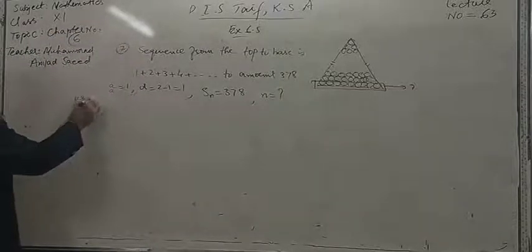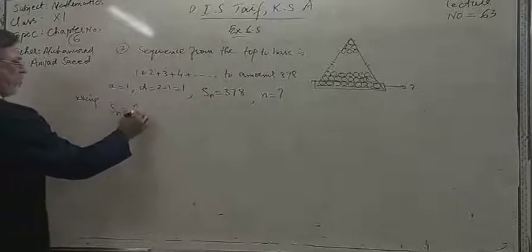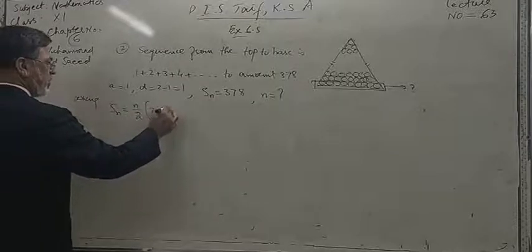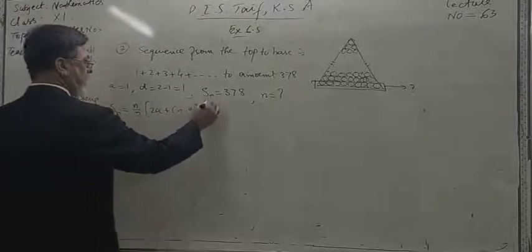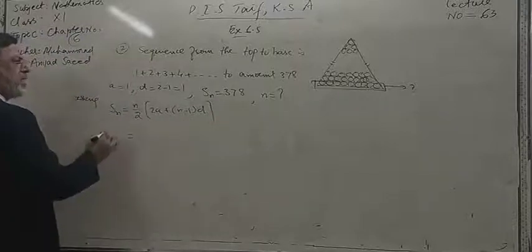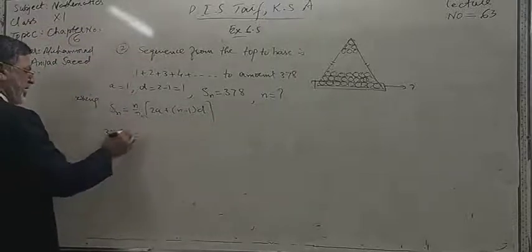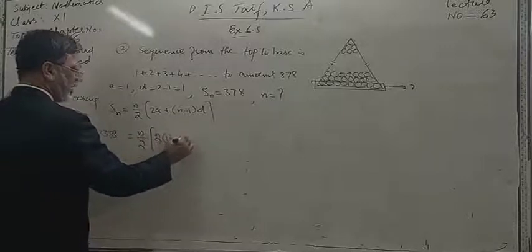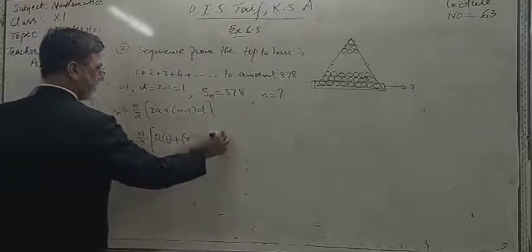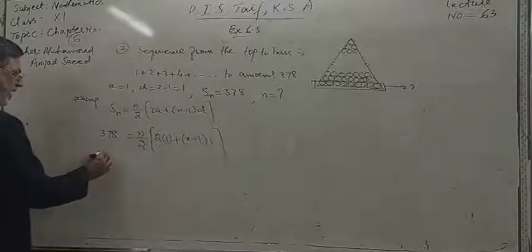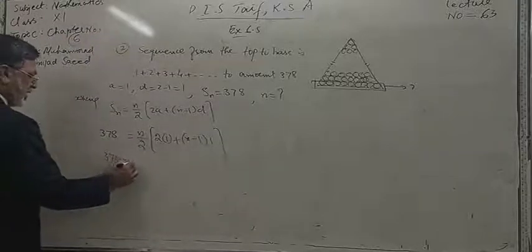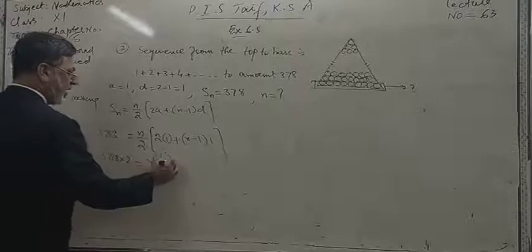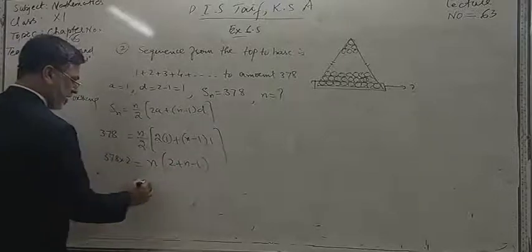Using Sn is equal to n by 2 into 2a plus n minus 1 into d. Dear students, you can apply 378 is equal to n by 2 into 2a, that is 2, plus n minus 1, d is 1 again. You have 378 is n by 2 into 2 plus n minus 1.